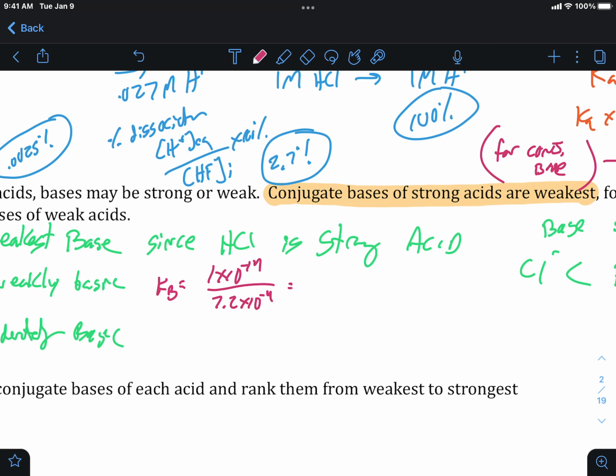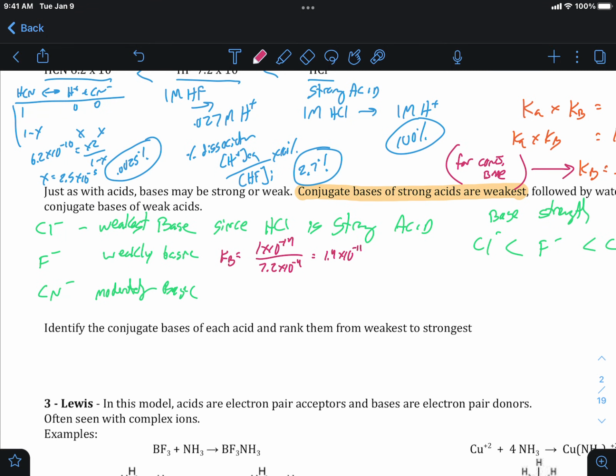All right, so the Kb is 1.4 times 10 to the negative 11. And that's Kb specifically for the fluoride ion. All right, let's do this again for CN minus.